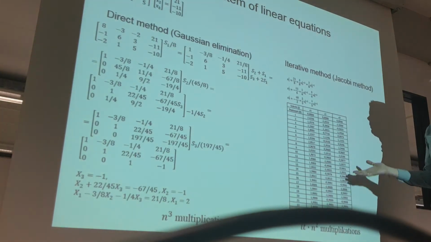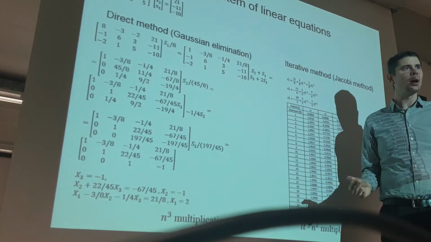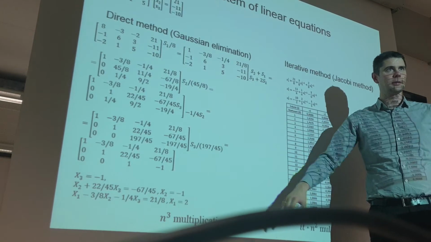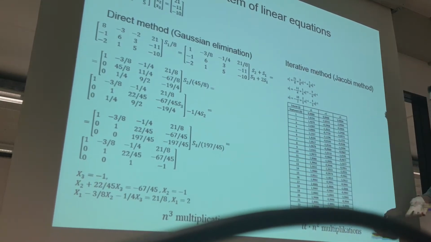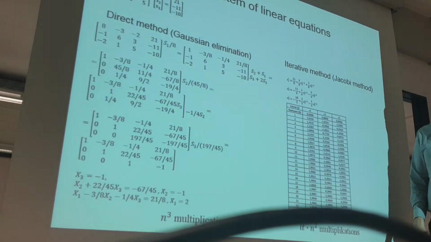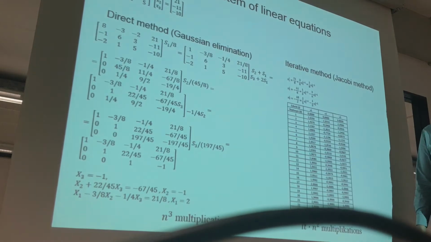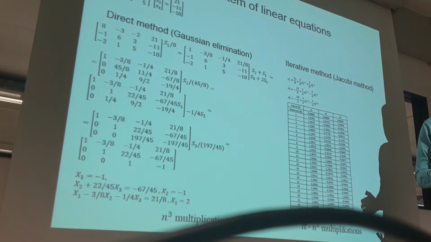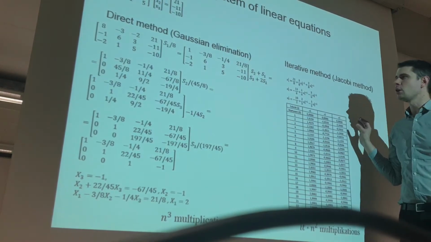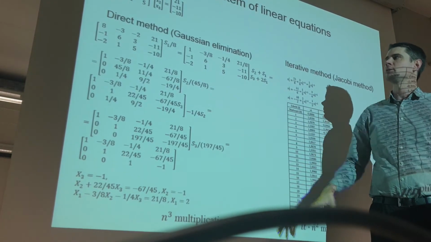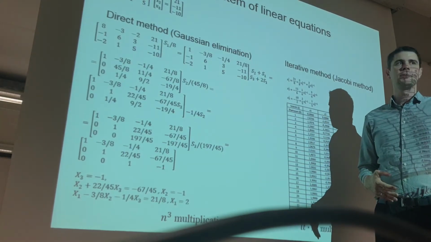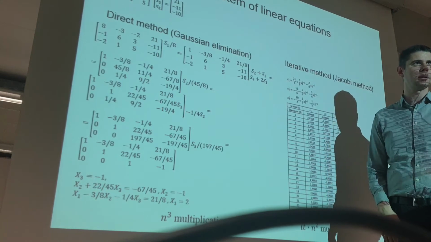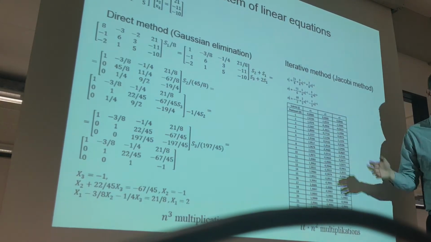But if I have 1 million equations, then here I need 10 to the power of 18 multiplications, and here maybe I need, I don't know, 1000 multiplied by 10 to the power of 12, yes? Then this method is 10,000 times quicker. So what you have to know: normally the direct method is for 100,000 knots to 300,000 knots, and for a million knots the iterative one is quicker.